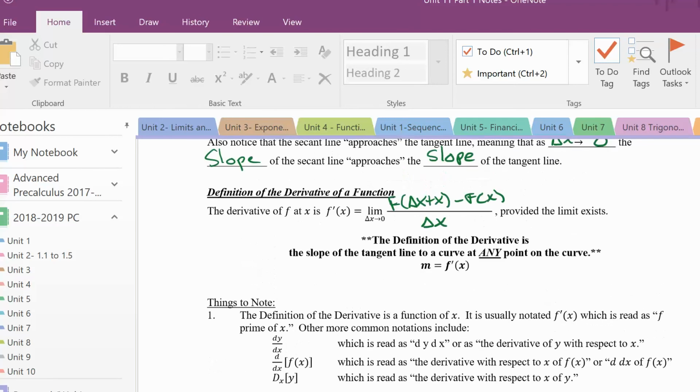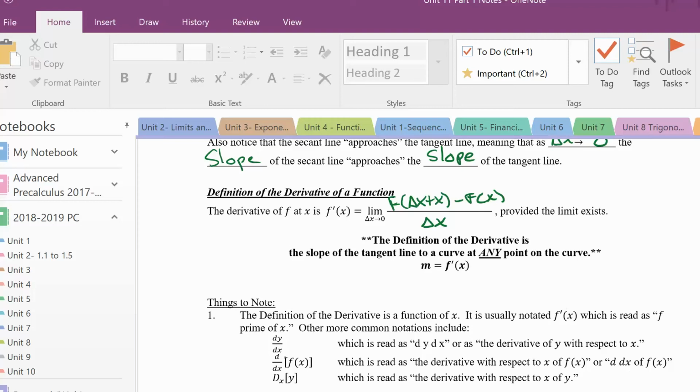So the definition of derivative is the slope of the tangent line to a curve at any point on the curve. So the slope is the derivative of the function. And what you're finding is an equation that represents the slope of the curve. And at the bottom, here are the different ways that you can write the derivative. You can say dy dx, which means the derivative of y with respect to x.